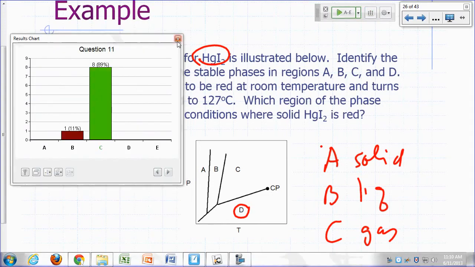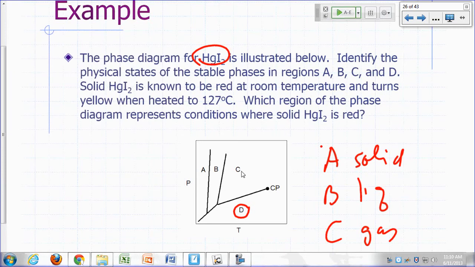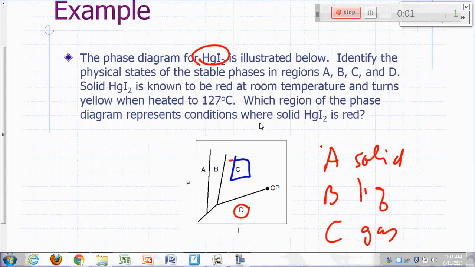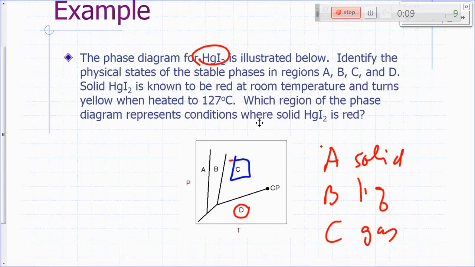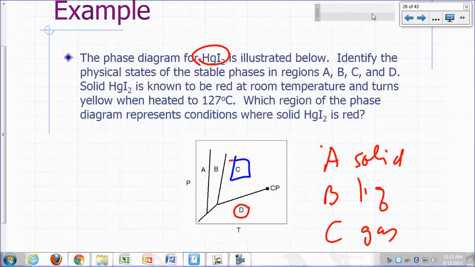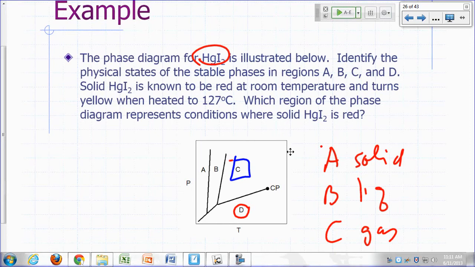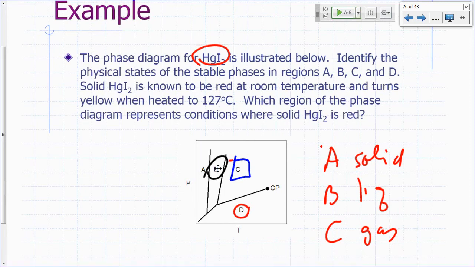Very good. What about point C? Does it represent solid, liquid, or gas? Liquid, very good. Point B, solid, liquid, or gas?